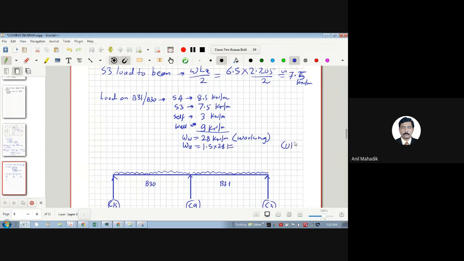I will write down here as ultimate. So कितना आएगा ये 1.5 से, 42. That means now this load is 42 kilonewton per meter. Again, this for B30 is also the same, as it is a symmetric one.